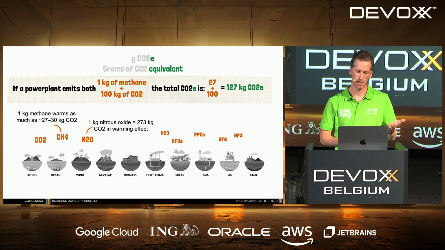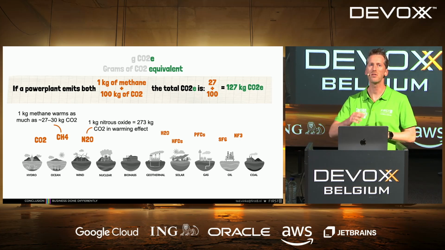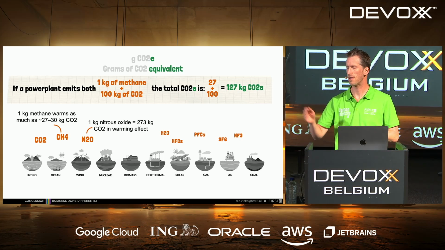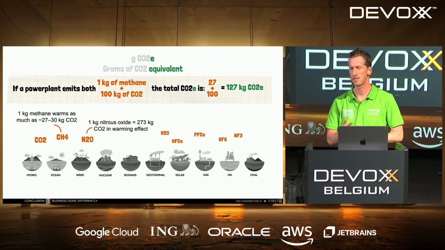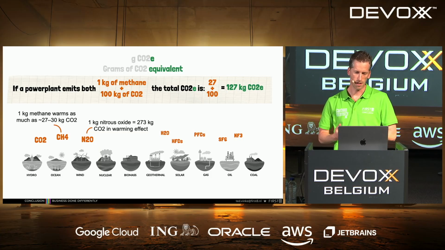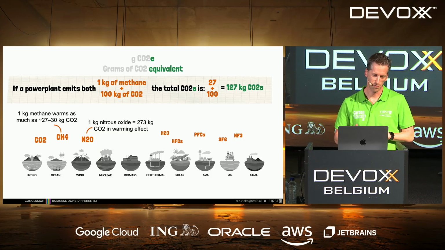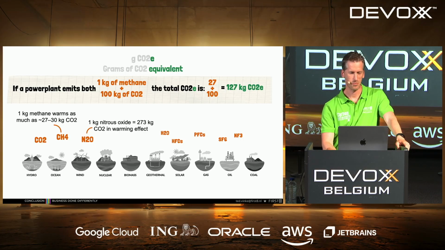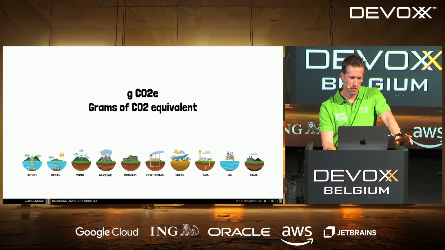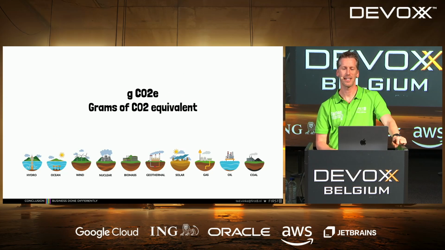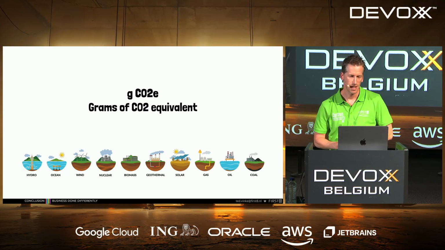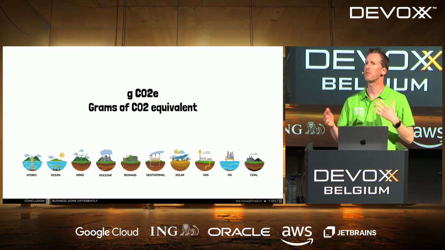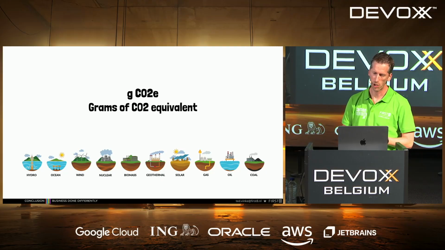It takes around 100 until thousands of years before it's completely absorbed by oceans, soil. So that's a real vendor lock-in, if you ask me. So this equivalent lets us express all emissions in a common comparable metric of global warming potential.